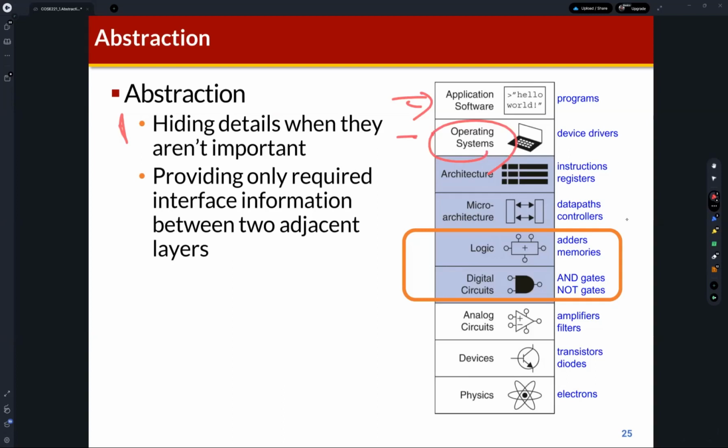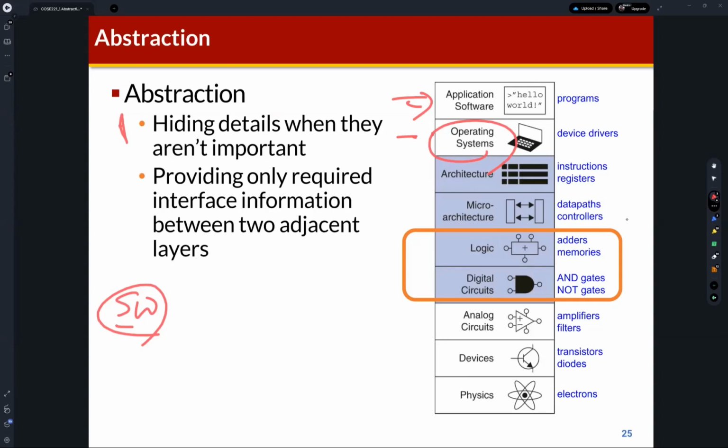That is the role of the operating system. So actually, software engineers write code as if our system has infinite cores, very large memories, and infinite resources.